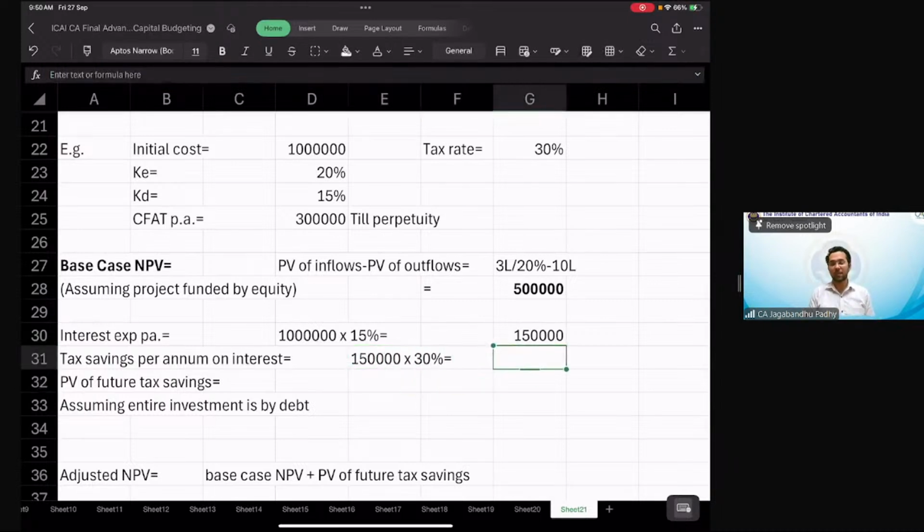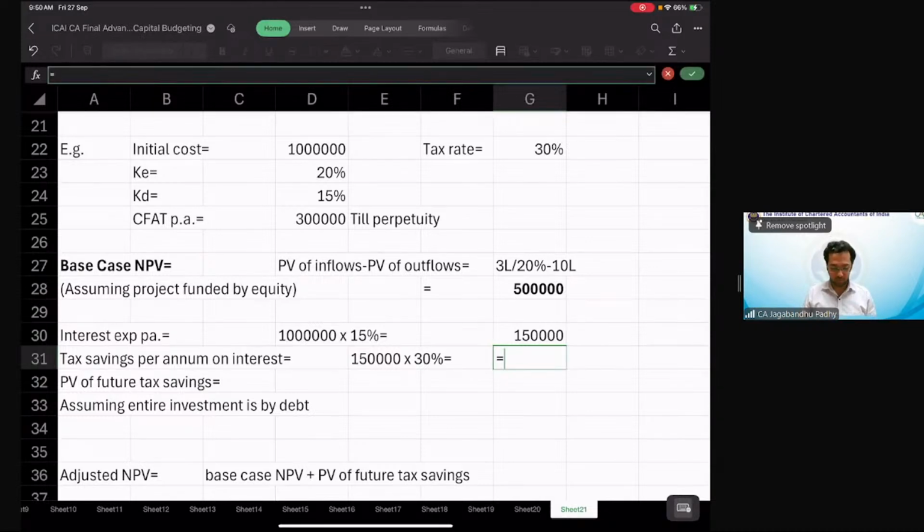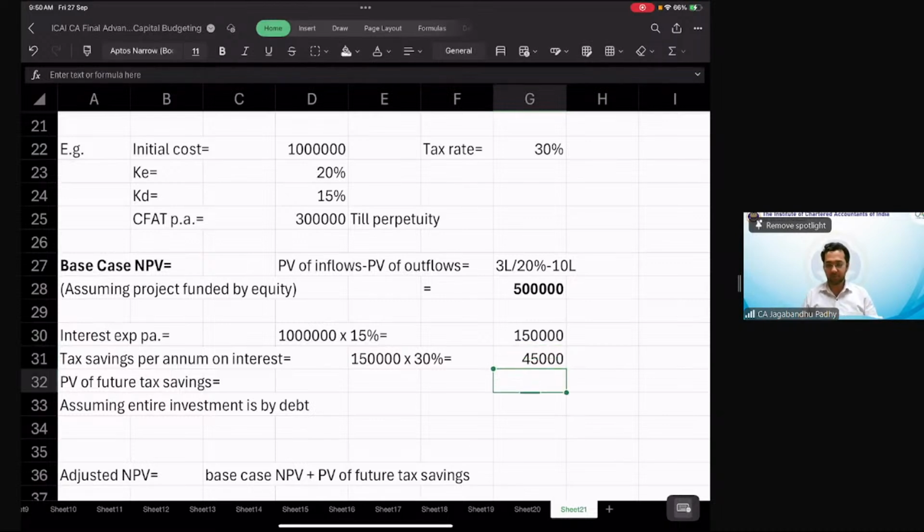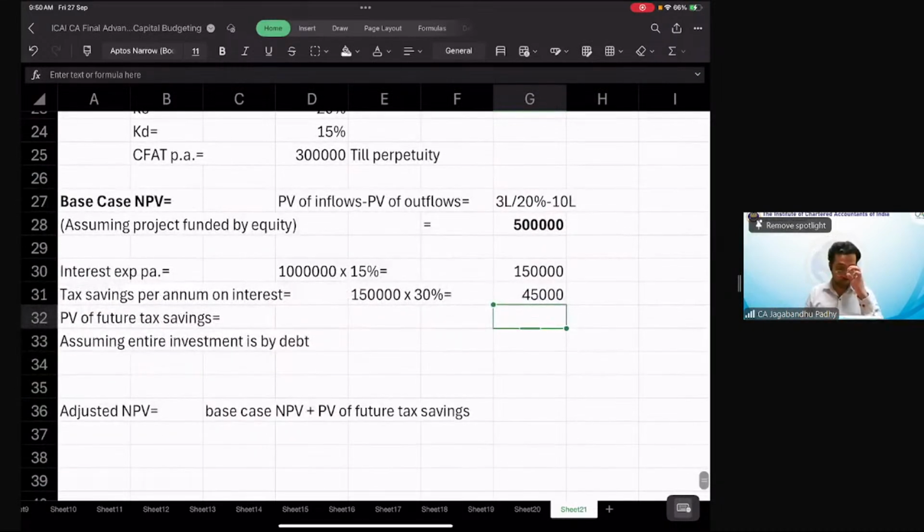So what is the amount of tax savings per annum? This is going to be, can I say, 4,50,000, sorry, 45,000.